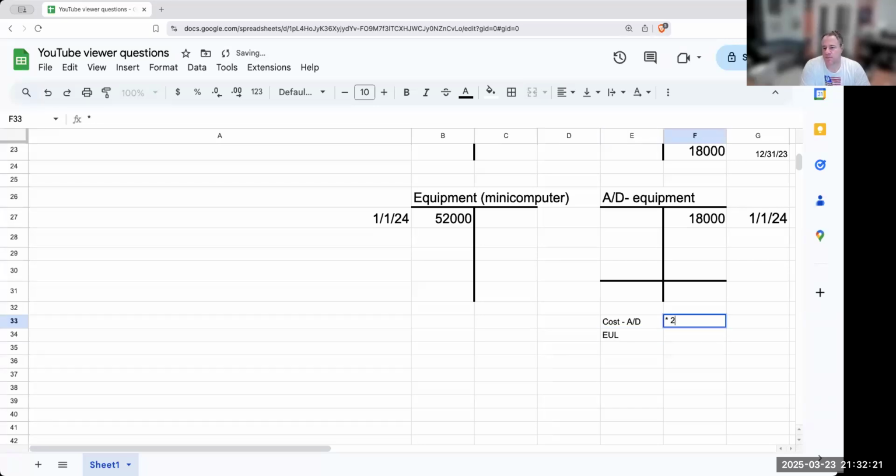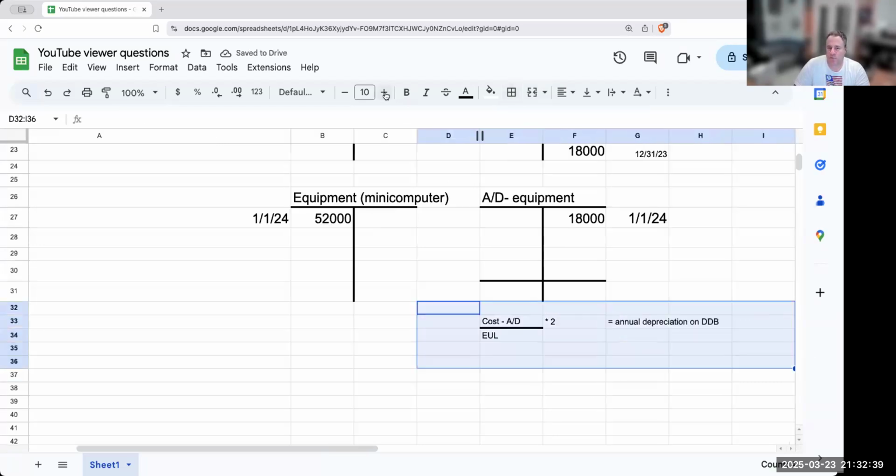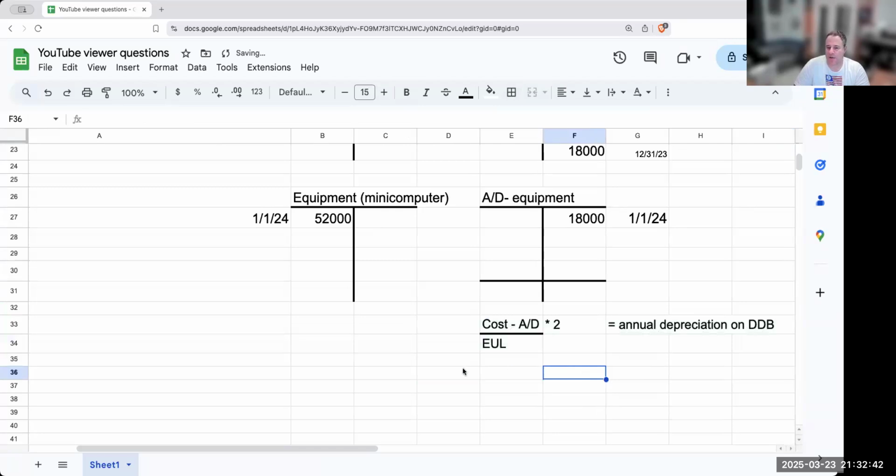I'm going to multiply this by 2, and this is going to give me my annual depreciation under double declining balance, right?